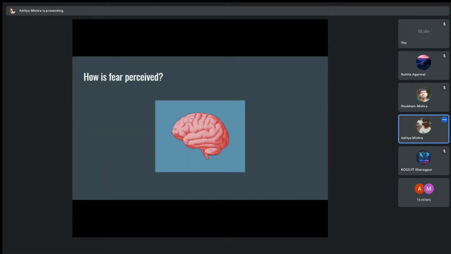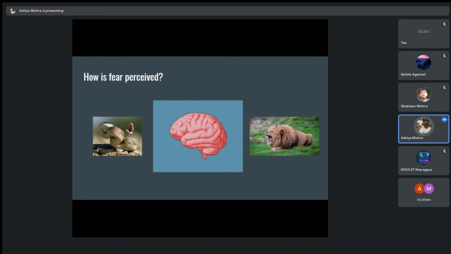So, how is fear perceived by the brain? Through evolution, we have trained our brains to be afraid of potentially dangerous things, like perhaps a lion or a snake, because through the process of evolution, those who were afraid of these entities ran away from them and were more likely to pass on their genes to the next generation.